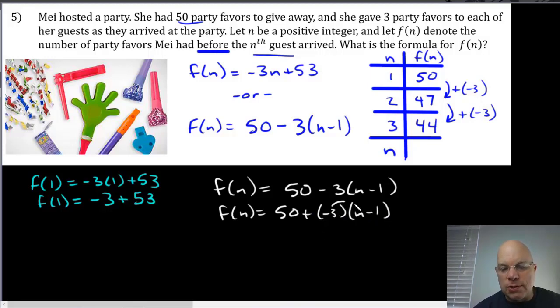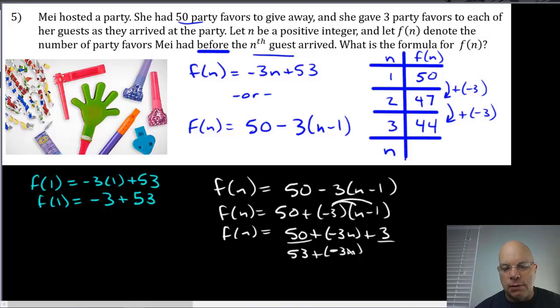If I then distribute this negative 3 to both terms inside the parentheses, I get f of n is equal to 50 plus negative 3n plus negative 3 times negative 1, which is just 3. So if you combine like terms, combine the wholes, you get 53 plus a negative 3n, which is the same as this first rule that we came up with, negative 3n plus 53. So they're equivalent. It's just that this second rule is more relatable to the problem because the constant term is the same as the number of party favors May started with.